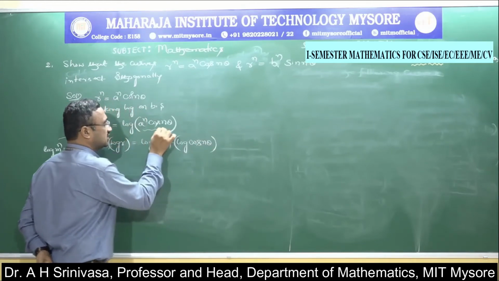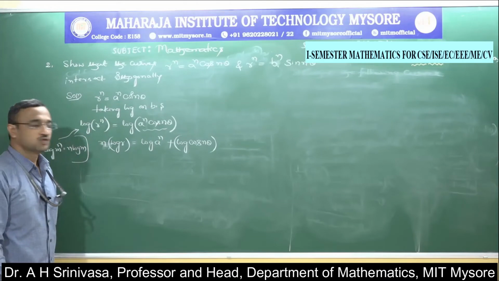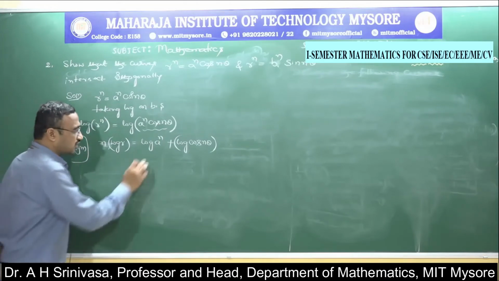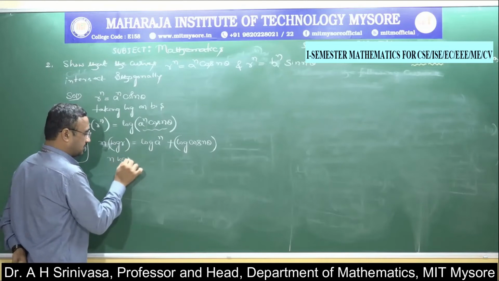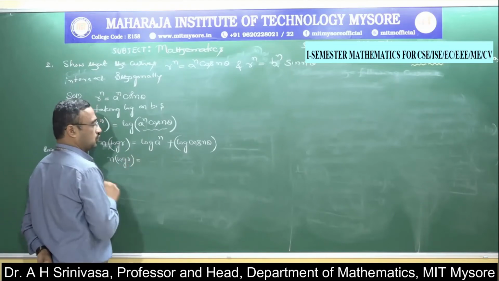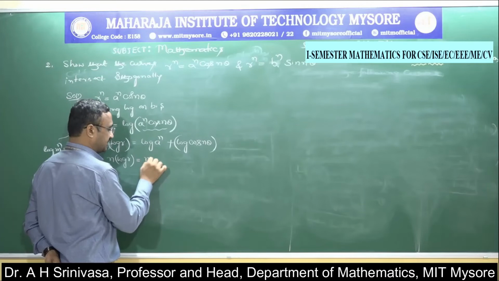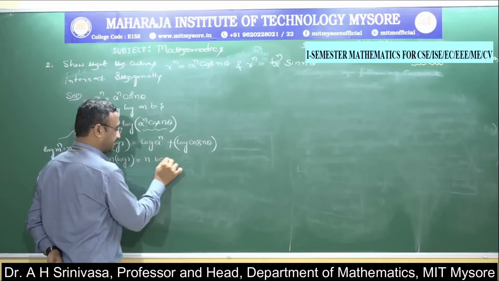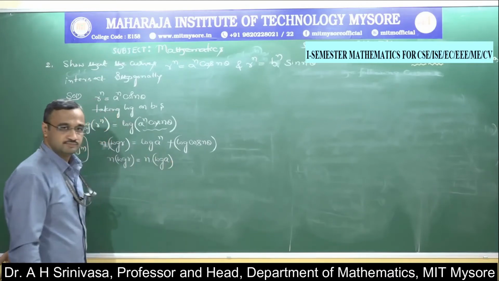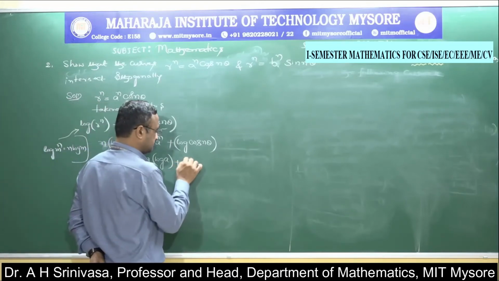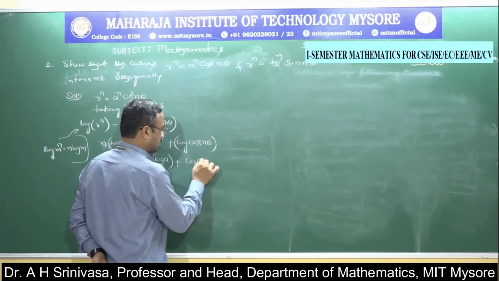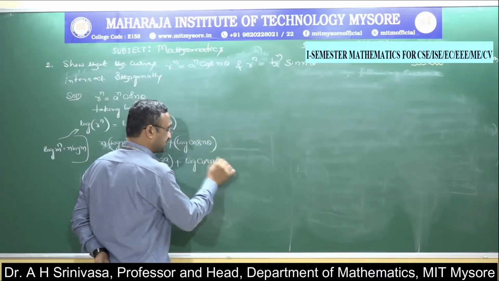Here the product of two functions is there, m into n, so you have to use it. So now n log r should be equal to n into log a. Again use the properties of logarithm. Plus the logarithm of cos n theta.